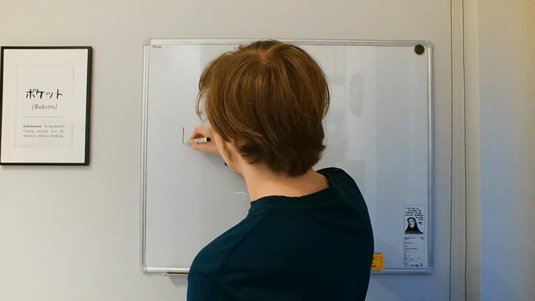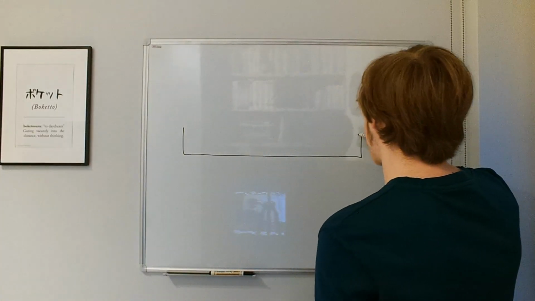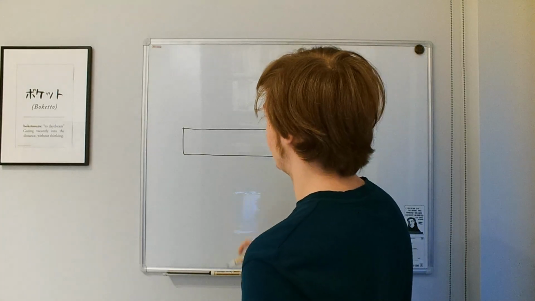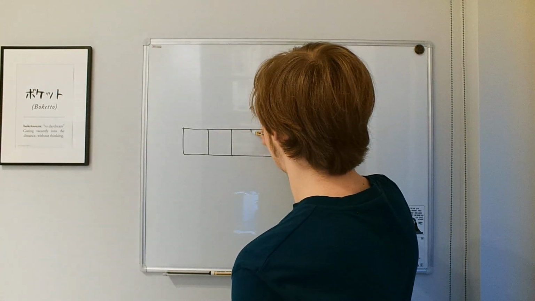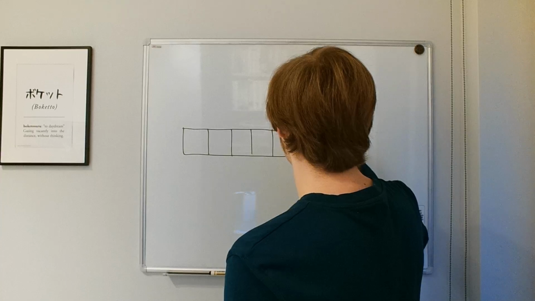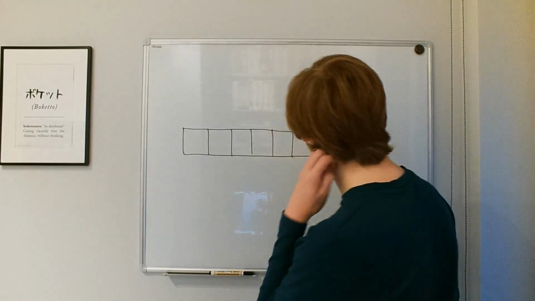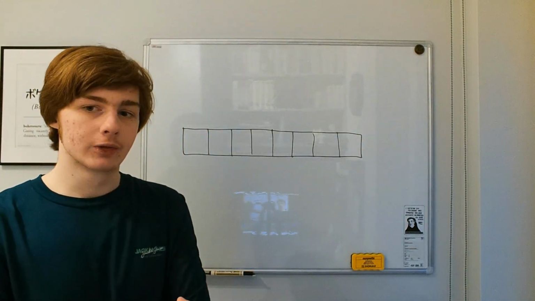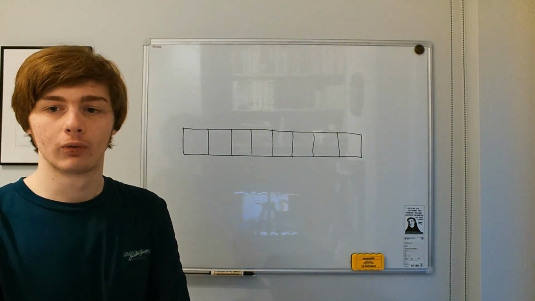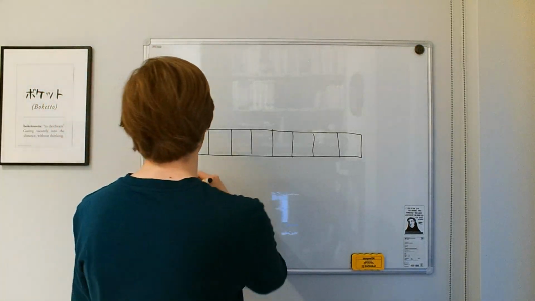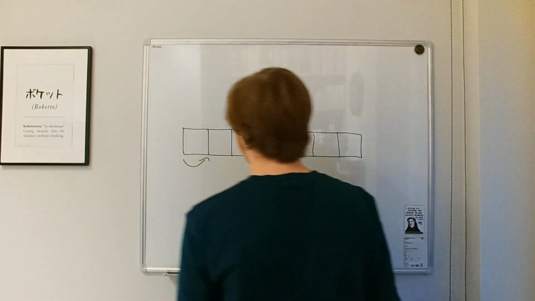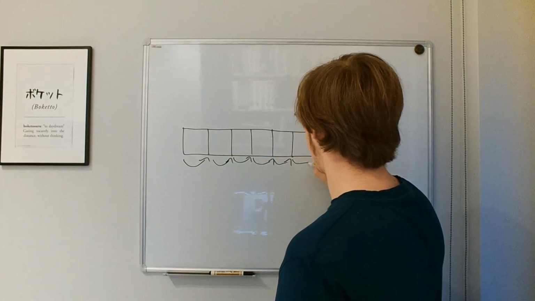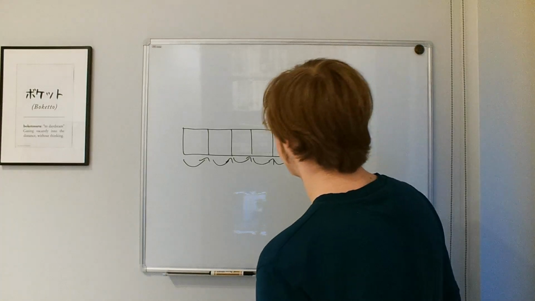So the idea is you have your memory, and we have a split. And the idea is that you use a structure called a linked list, right? So you construct a linked list where each memory region points to the next one.